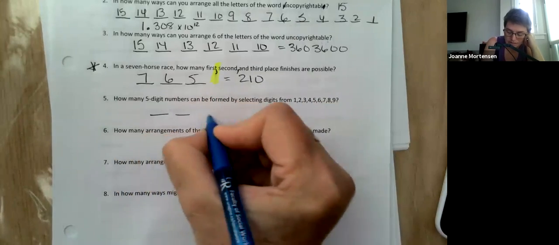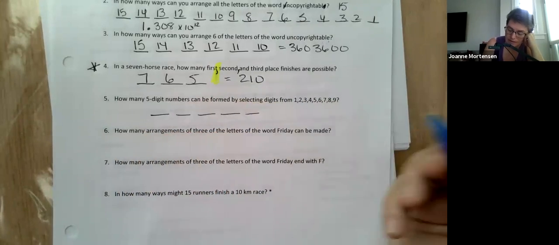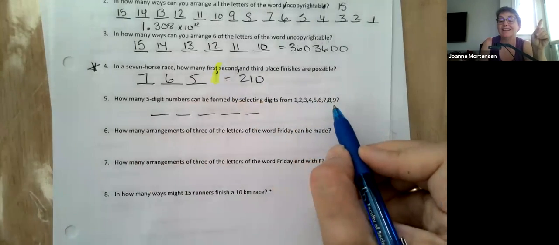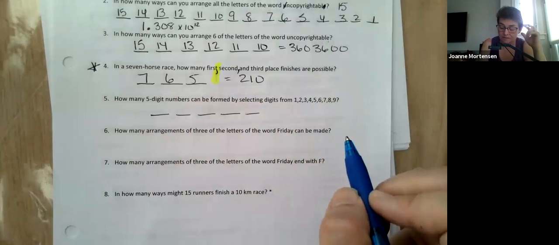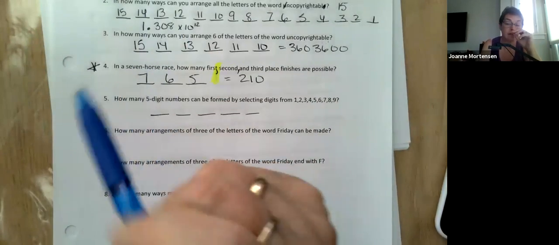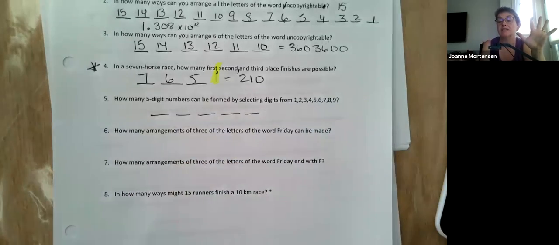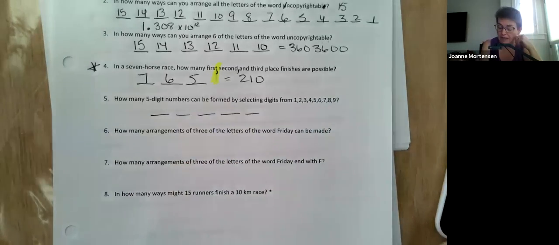All right. How many 5-digit numbers can be formed by selecting digits from that list? 1, 2, 3, 4, 5. Notice there's no 0 in the list, so life is a lot easier. And also remember, at the top of this page is about permutation, so repetition isn't allowed. So we don't have to worry about that.